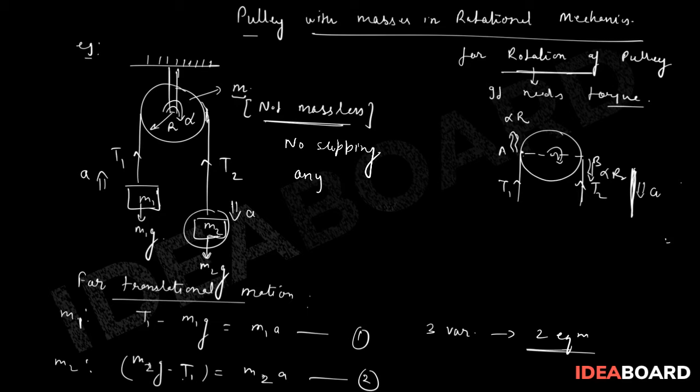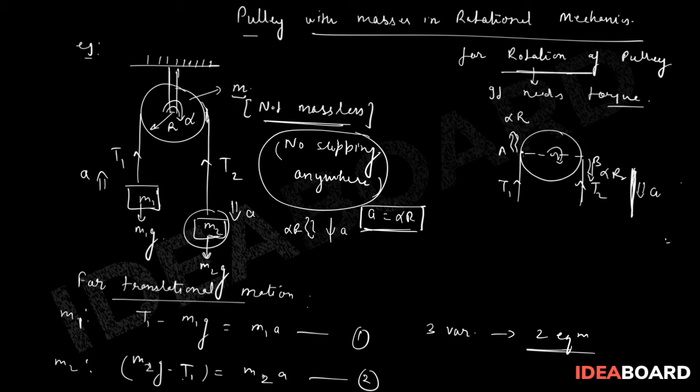This is a very important assumption, right? So if you do that, you can say a acceleration downwards, and you calculated alpha r. That means a is equal to alpha r. This is a very important equation for us. And also, now for the rotation purpose, I can write what?